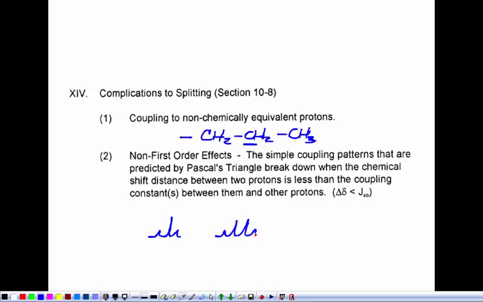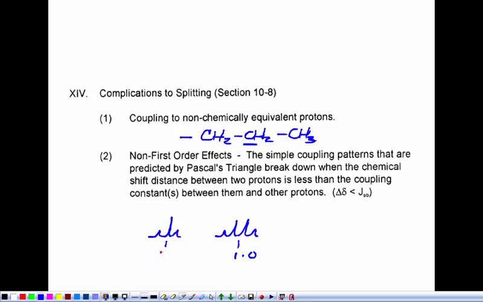So let's imagine that you had a triplet sitting next to a quartet, and they have chemical shifts that are pretty close. Well, you know that the chemical shift is a function of magnetic field.